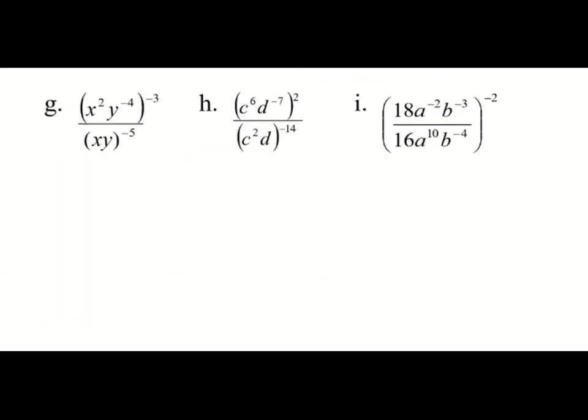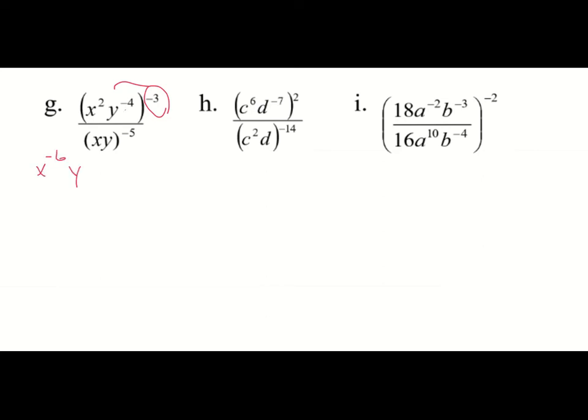Okay, so now we are on our last 3 problems that we're going to work through. And the first thing we're going to do here is the power of a quotient rule. So we're going to distribute this negative 3 to everything in the numerator and the denominator. So x squared times that negative 3, 2 times negative 3 is going to give me x to the negative 6th power.